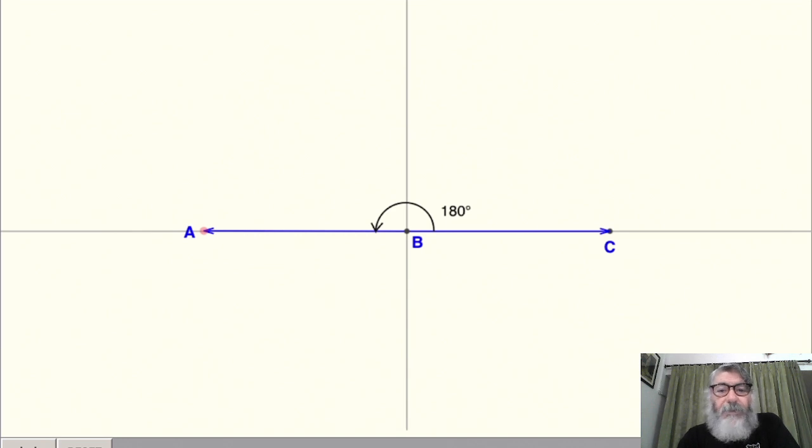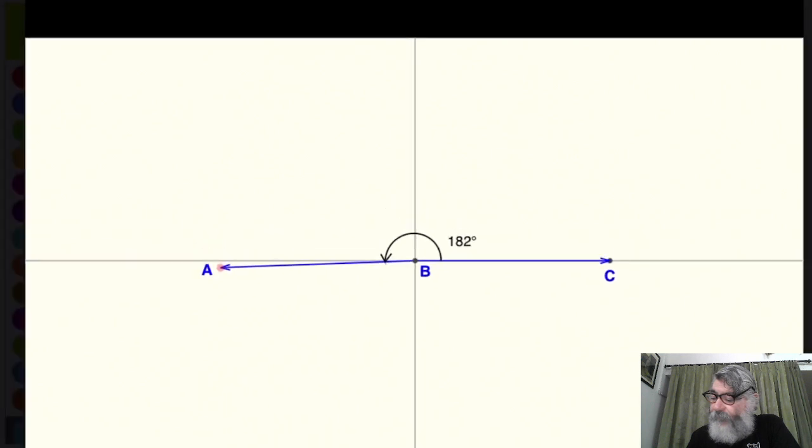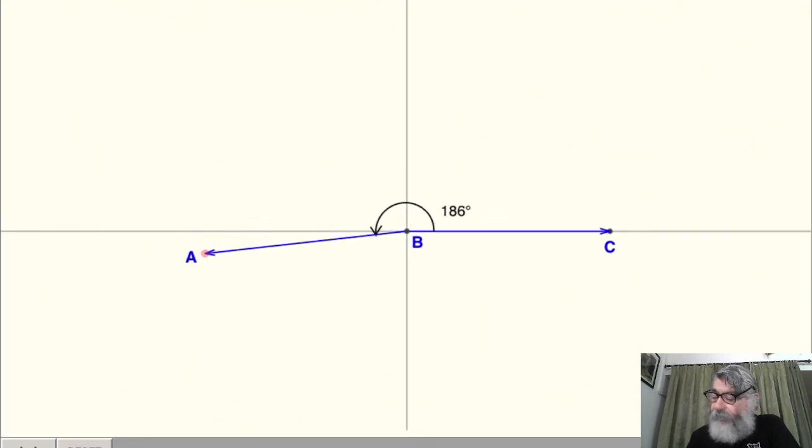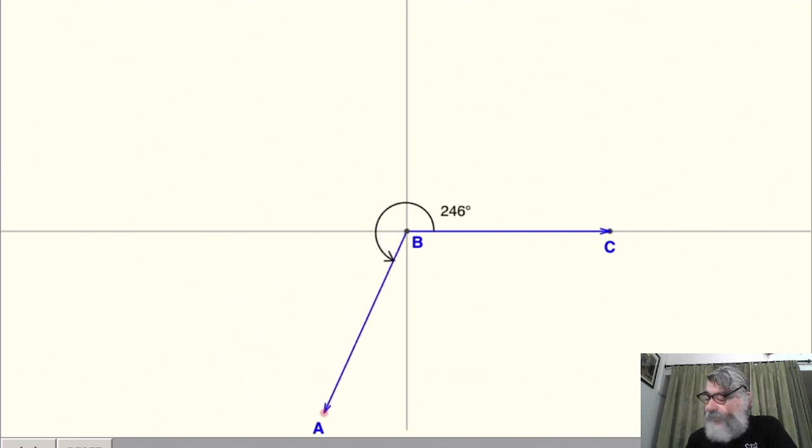Now suppose I rotate it further. Then the angle changes and comes to 200 and almost 271. Bring it a little back. I will bring it to 270, 3 pi by 2. So I have covered the first quadrant, the second quadrant, and the third quadrant.